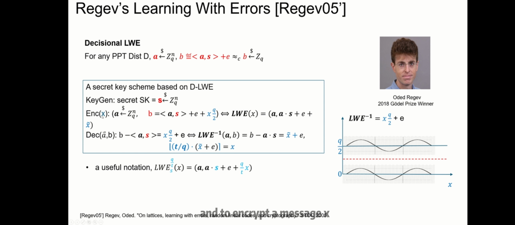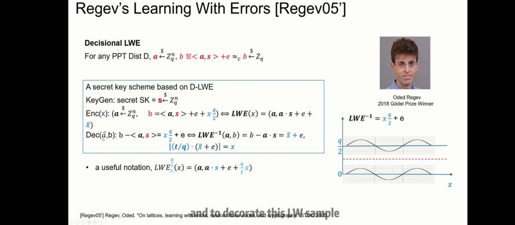To encrypt a message X, I first generate a random vector A and compute B as an LWE sample, as we have done in the LWE assumption, plus the message times a scaling factor. I call this output an LWE sample, LWE(X).